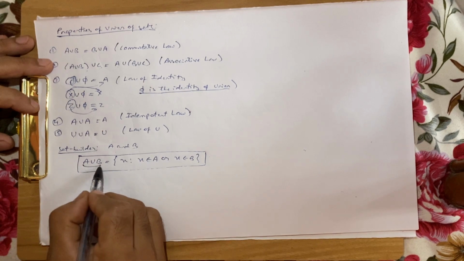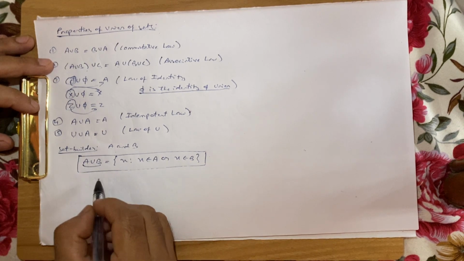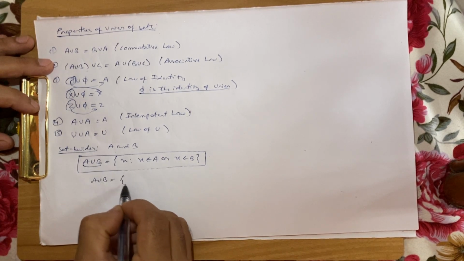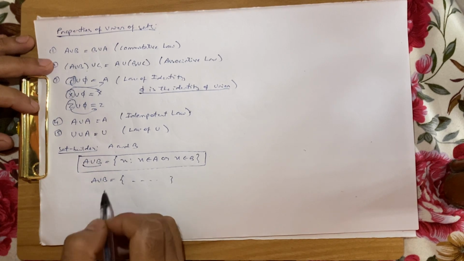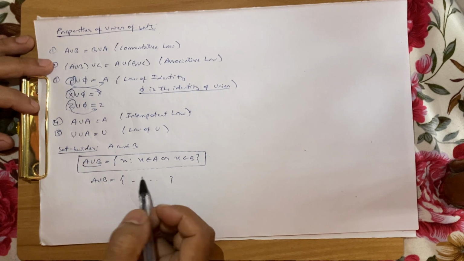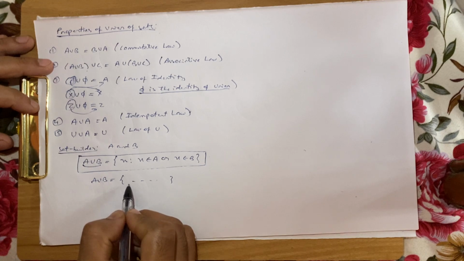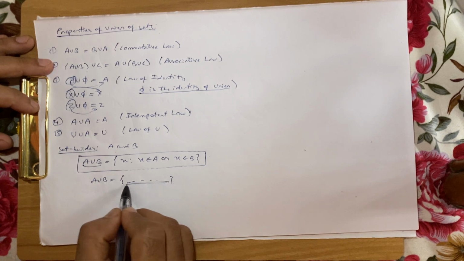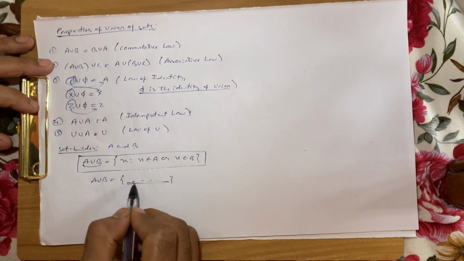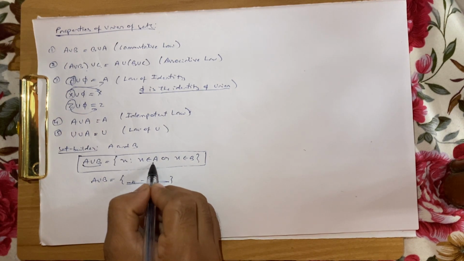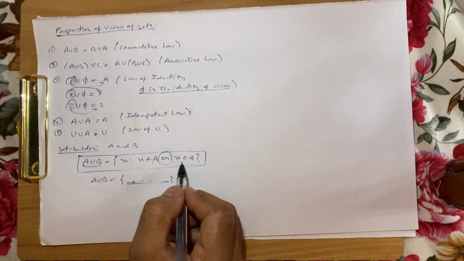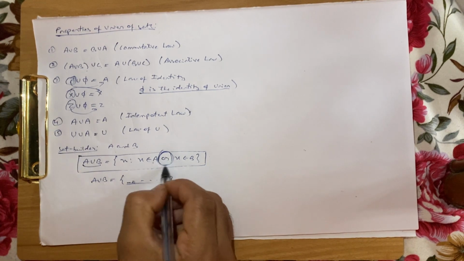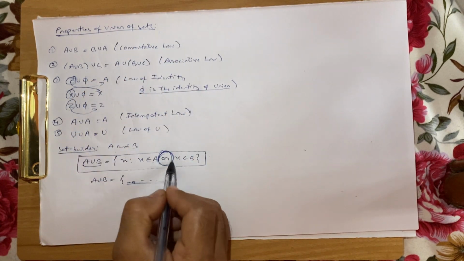That is, A union B will have some elements, and each of the elements has been assumed to be X. Then each of the elements will either belong to the set A or to the set B. So this or is very important. Whenever we talk about union, there is an or.